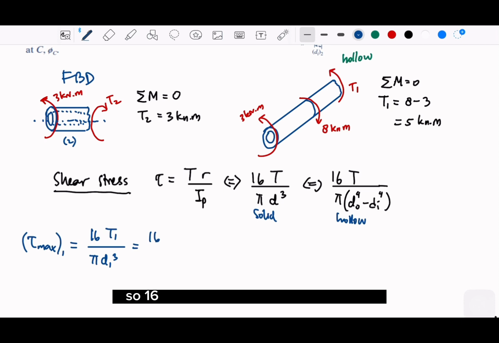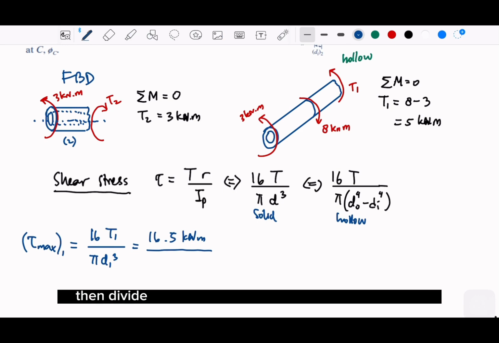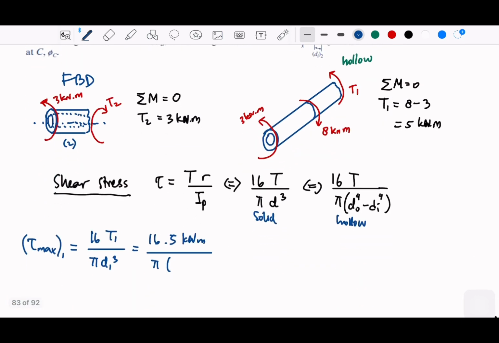So 16 multiplied with the 5 kilonewton meter, and then divide by pi, and this will be 50 millimeter, the D1, cube.